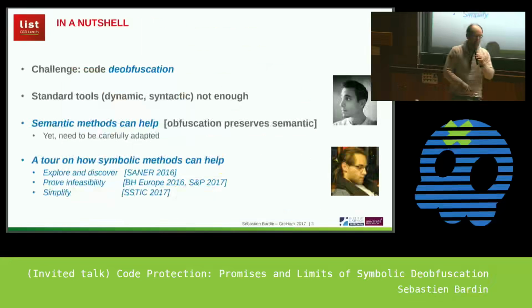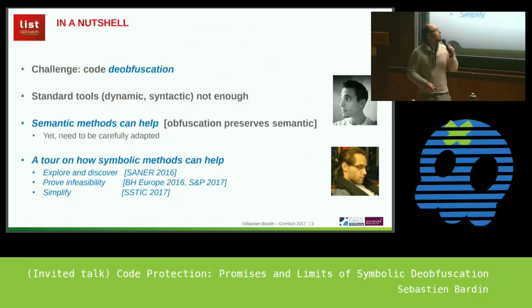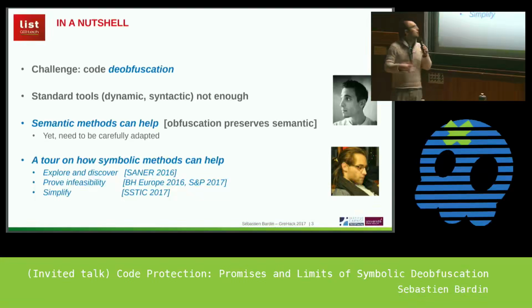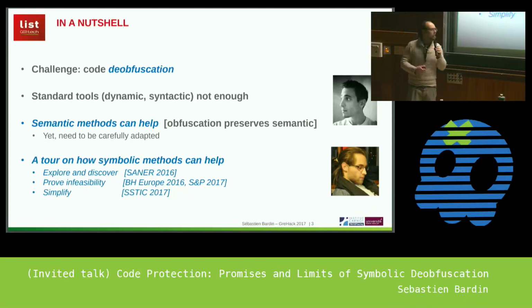So what's the talk about in a nutshell? The challenge I consider is code deobfuscation, or more especially getting automatic techniques to help the reverser perform code deobfuscation. Standard tools like dynamic and static analysis are not enough.